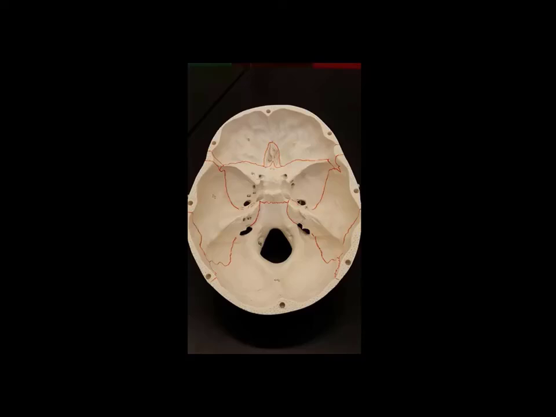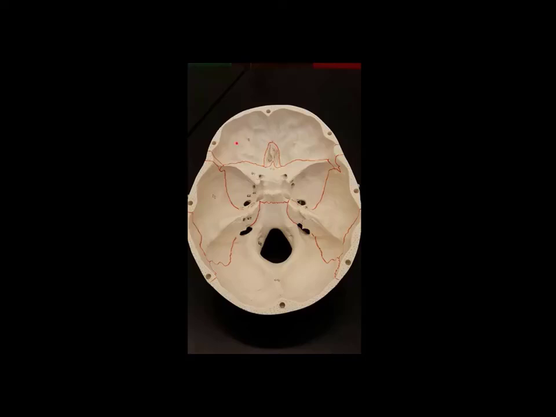So even though we can't see them, the eyes are right here and right here. So he is facing the top of the screen. Back here at the bottom of the screen, this is that occipital bone. So this is the back of the skull. So what is it that we're seeing here?